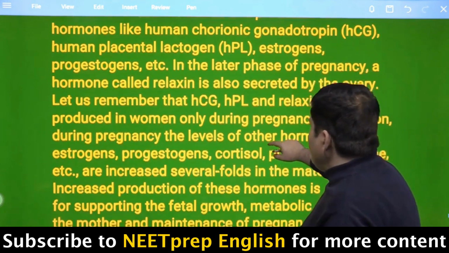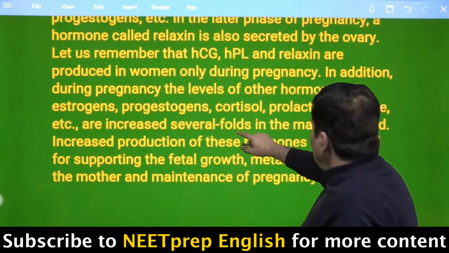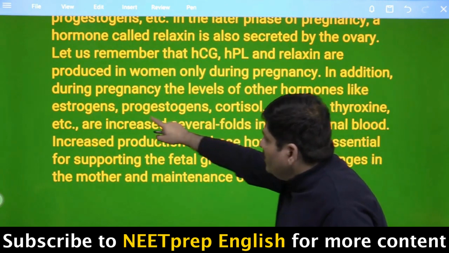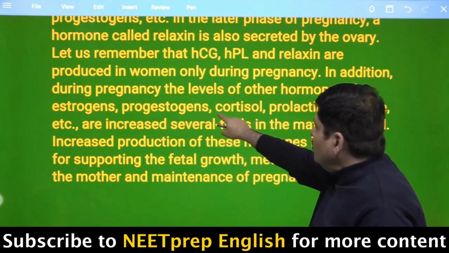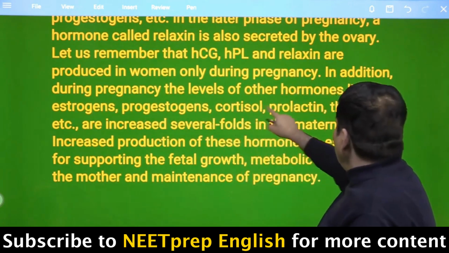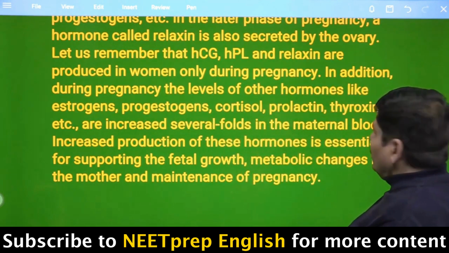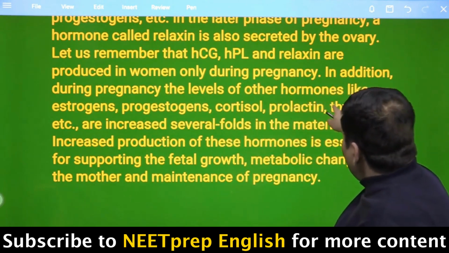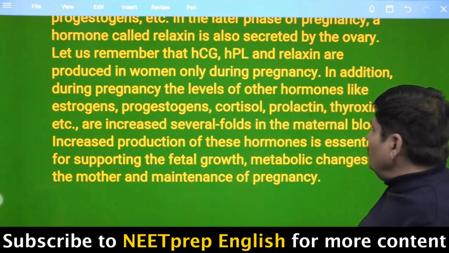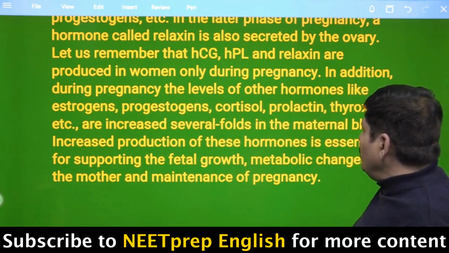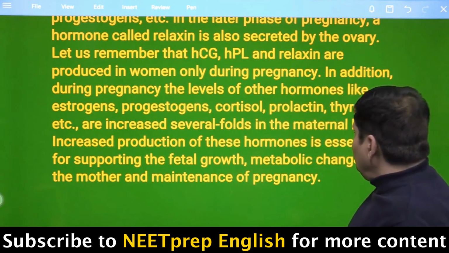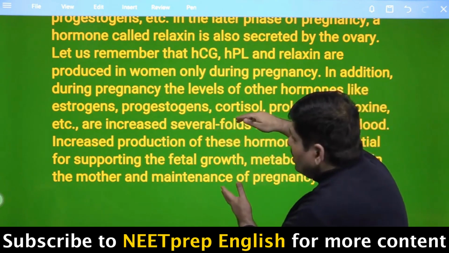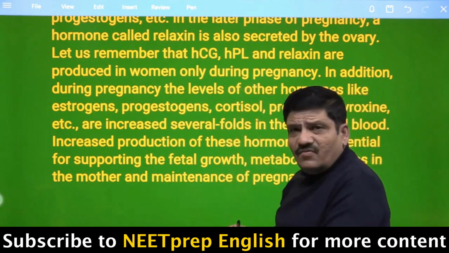And then we are saying that the levels of estrogen, progesterone, cortisol, which is a metabolic hormone, and thyroxine, also a metabolic hormone, and obviously prolactin, which has a very important role in lactation later on and effects on the mammary gland at this time, are increased several fold.